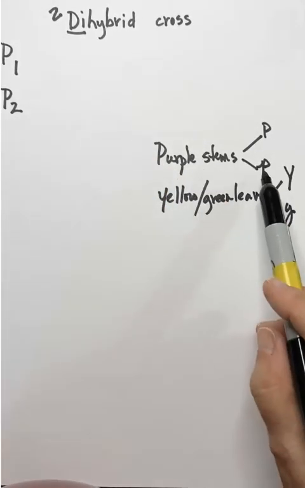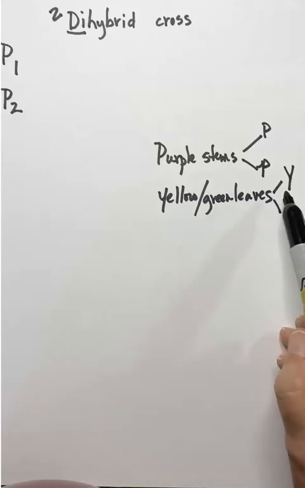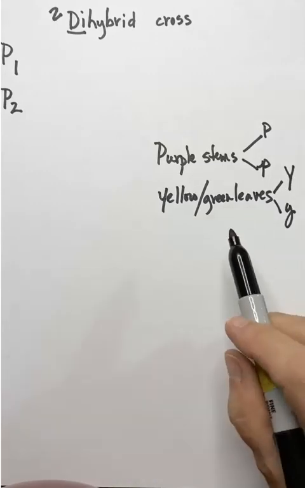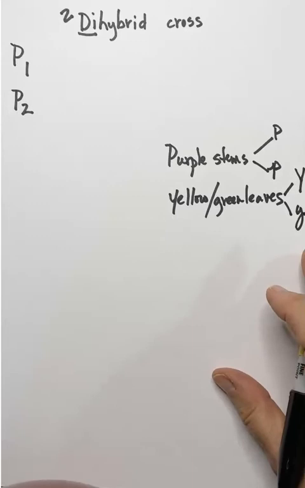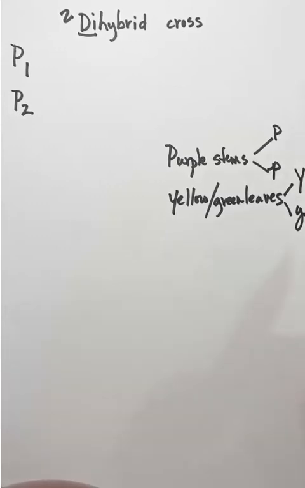Okay? Now, what we want to know is, what are our 2 parents that we start out with here? And we've got to have P's and Y's in their genotypes. Okay? Now, we have been given the information that these are true breeding homozygous parents. True breeding means that you can cross individuals in this P1 generation, any of the P1 plants, and you get the same offspring time after time.